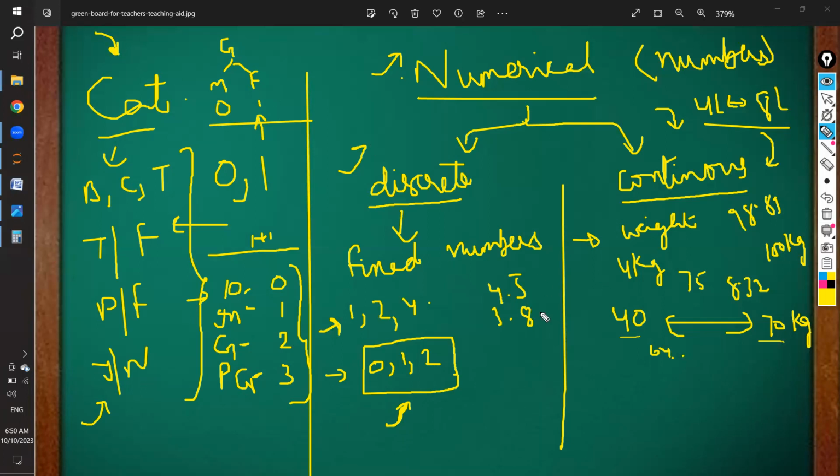If you see a column with continuous values, or a wide range of numbers, that is numerical. Discrete, as I said, is fixed numbers. When you have fixed numbers, you'll not have only 1 or 2, you can have 1 2 5 8 9 10. So you will have a wide range of numbers in discrete, and in continuous also, obviously.